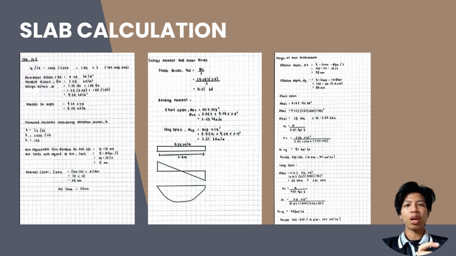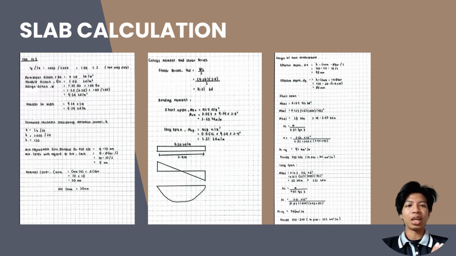Also, we are going to design the main reinforcement. Effective depth dx equals 95 mm and effective depth dy equals 85 mm. Our short span M bar equals 0.167 FCK BD squared, which gives M bar of 38 kilonewton meter.